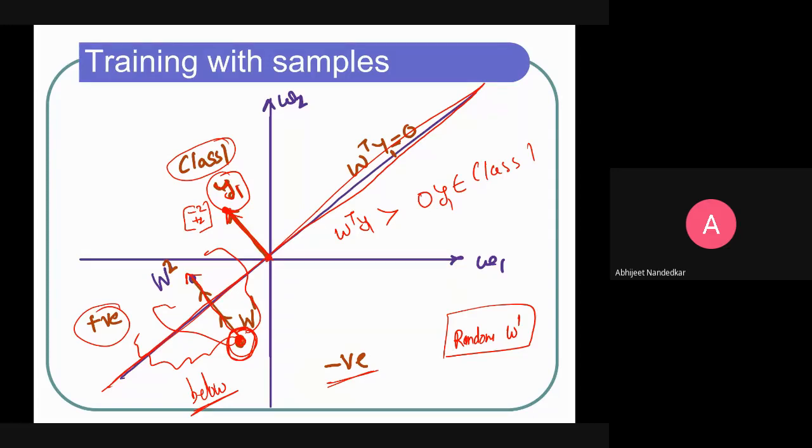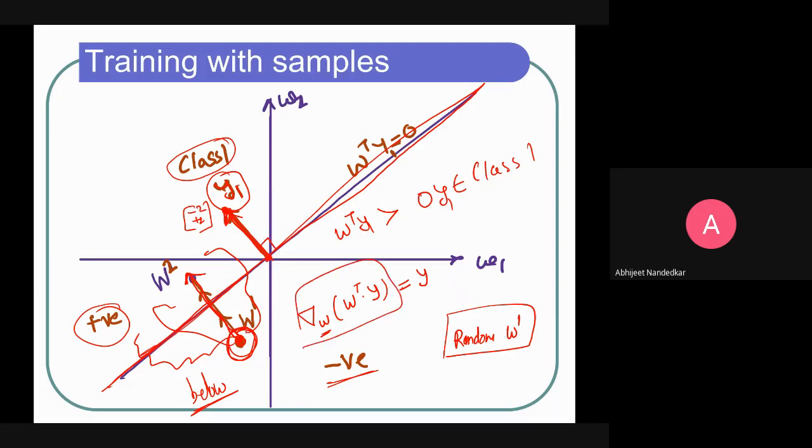But the steepest path is this, the line which is perpendicular to this, isn't it? So if I take the gradient of W transpose X with respect to W, or W transpose Y, I should say in this case, this is Y. So Y is this direction, which we already know is perpendicular.